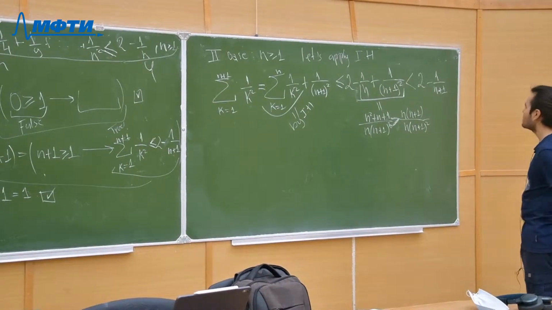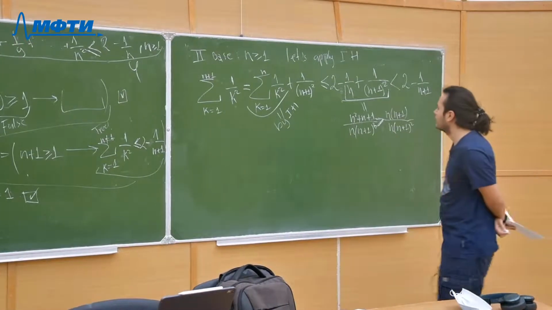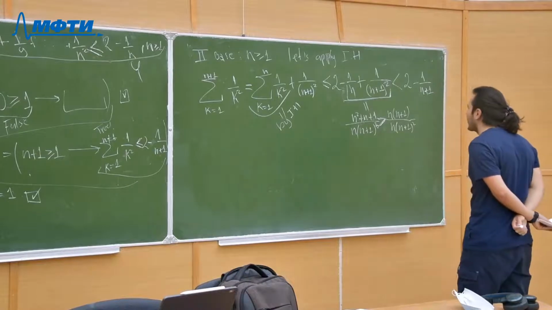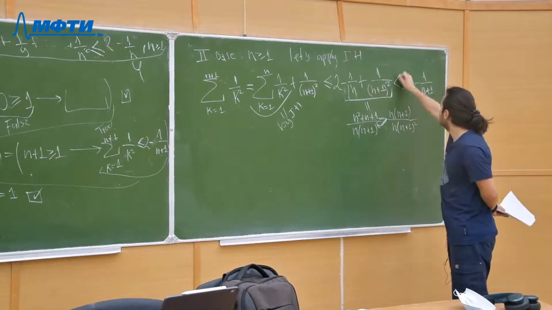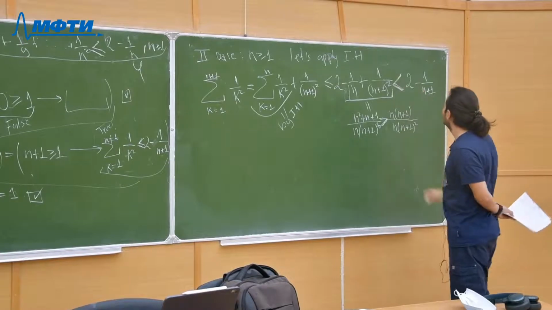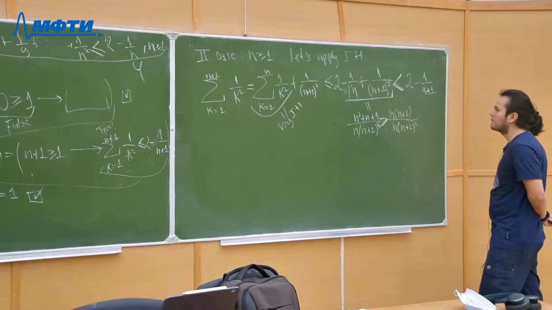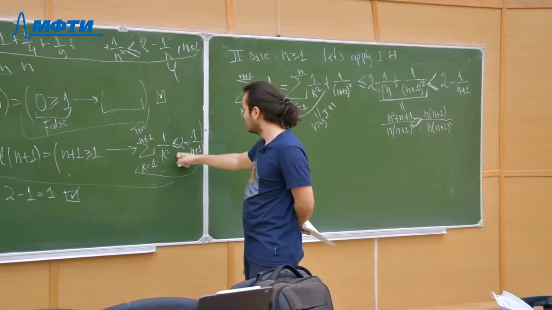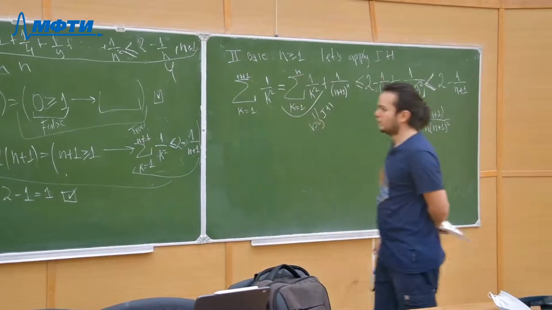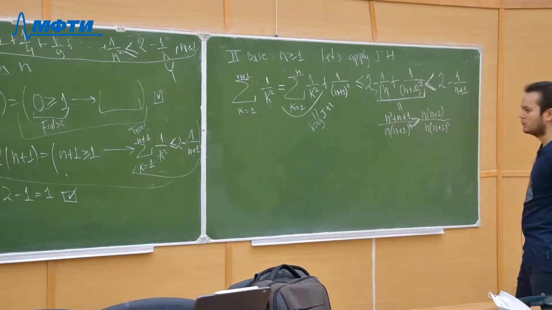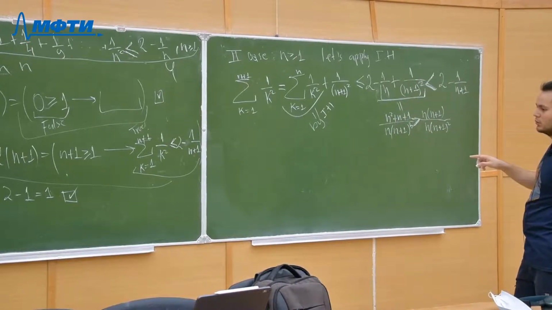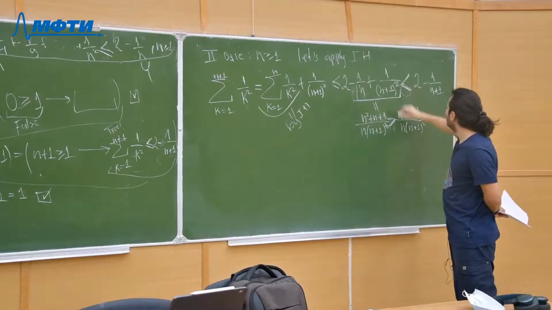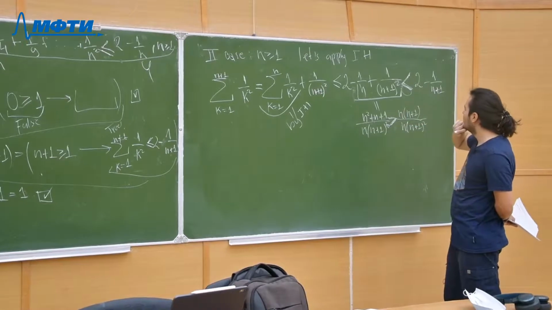But we have that this is strictly less than this, and we need that this has to be less or equal. Okay, I have to check this. This has to be less or equal.